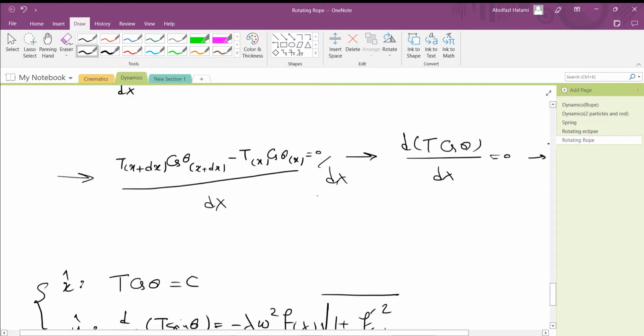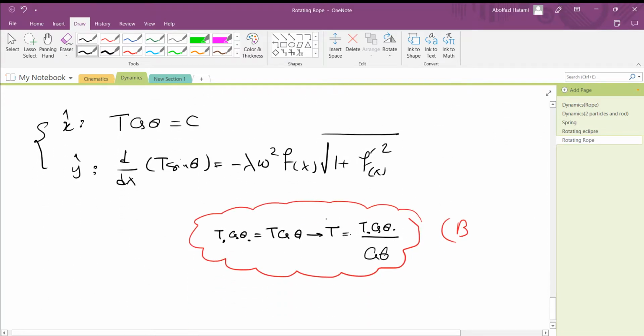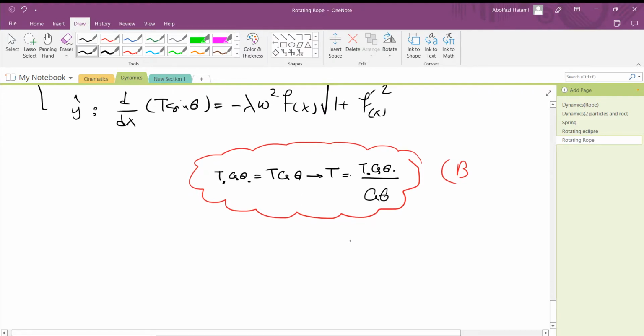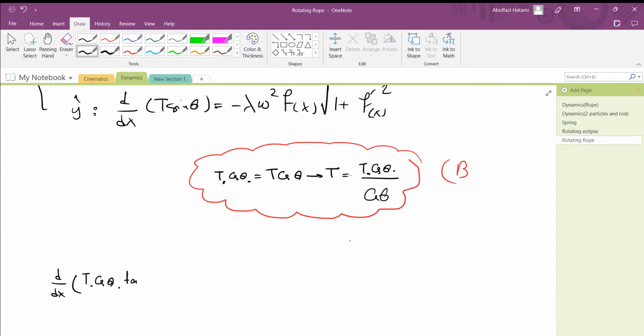We can substitute this t with the answer of part B. So if I substitute the t of part B in the y hat equation, I obtain that d over dx of t0 cosine theta 0 times tangent of theta, which is f prime of x, is equal to minus lambda omega to the power 2 f of x radical 1 plus f prime of x squared.